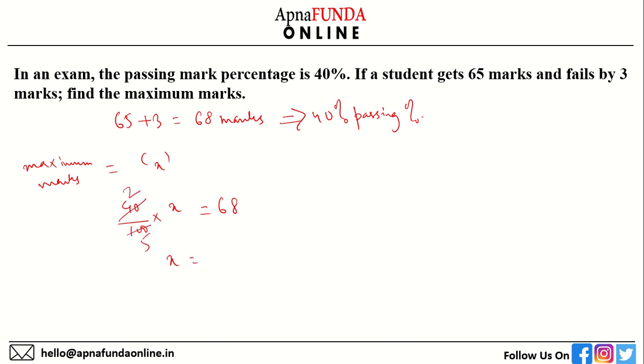X is equal to 68 into 5 by 2. So X is equal to 34 into 5. So X is equal to 170. This is the answer that I have got. I hope you have solved along with me and you have arrived at this answer.